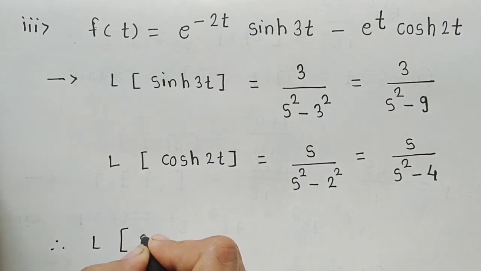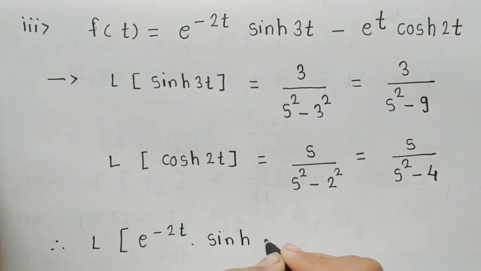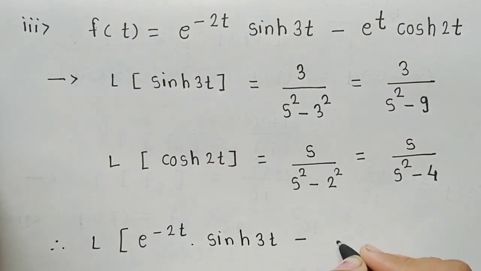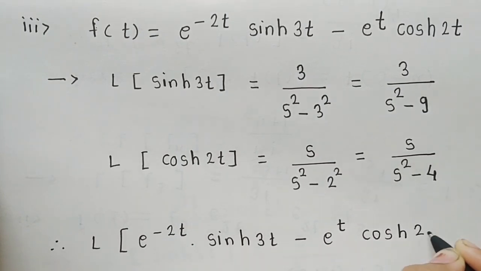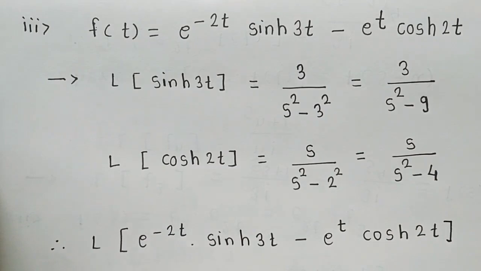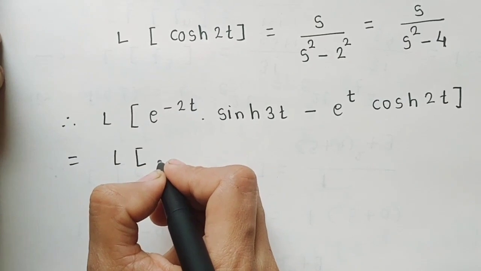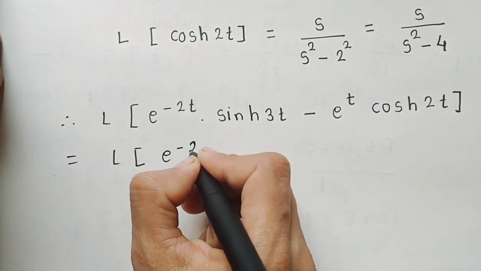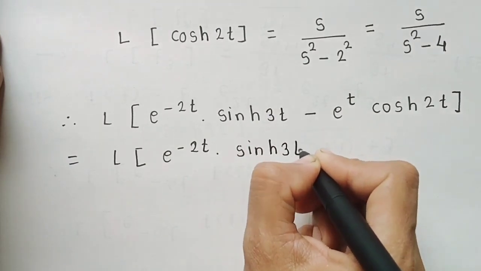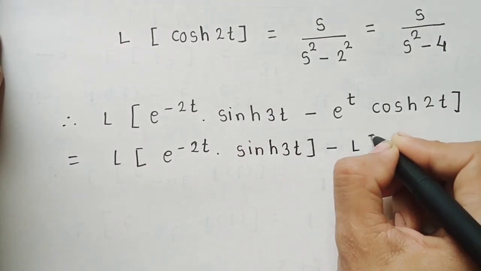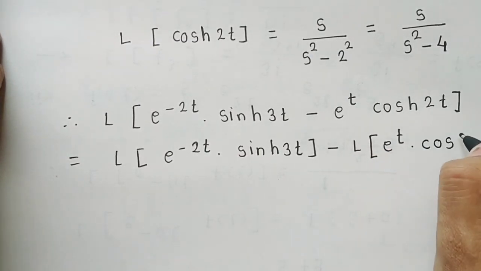Laplace of e raised to minus 2t sinh 3t minus e raised to t cosh 2t equals Laplace of e raised to minus 2t into sinh 3t minus Laplace of e raised to t into cosh 2t.